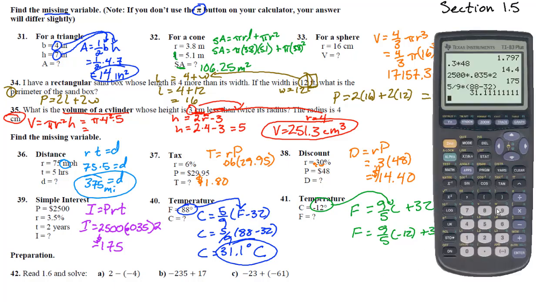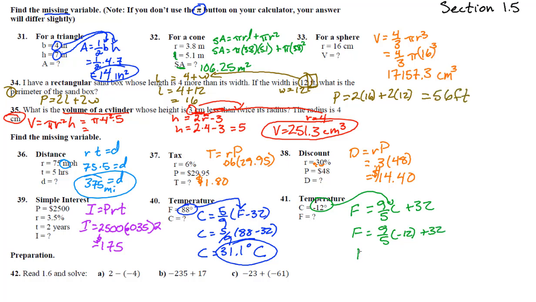Stick that in the calculator. 9 divided by 5, no parentheses, times the negative 12. Notice I had to use the negative button, not the subtract button. Or you could have put parentheses around that right there. And then add 32 to it. And we get 10.4. So 10.4 degrees Fahrenheit.